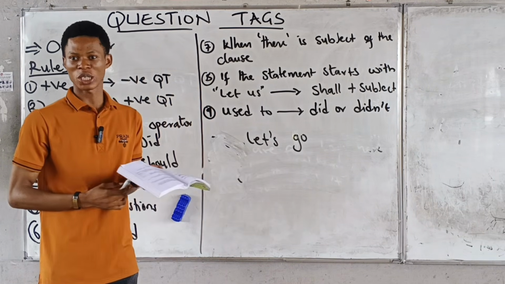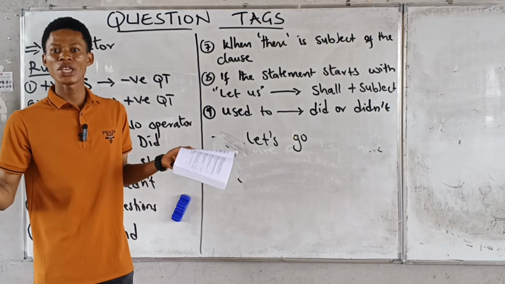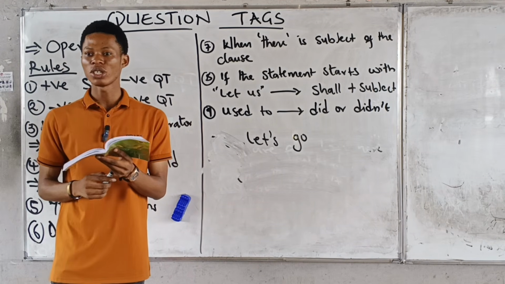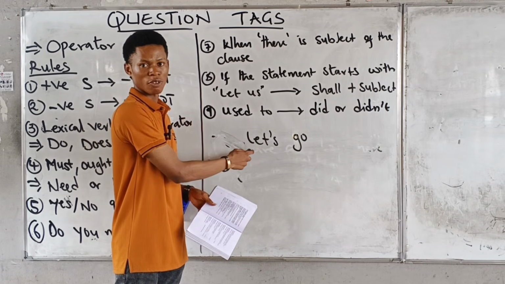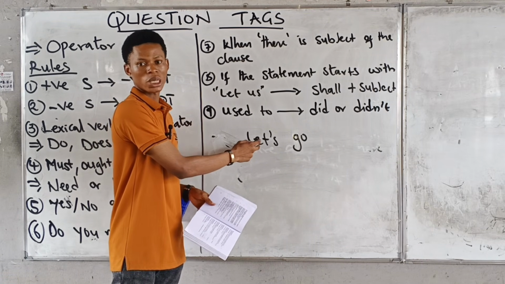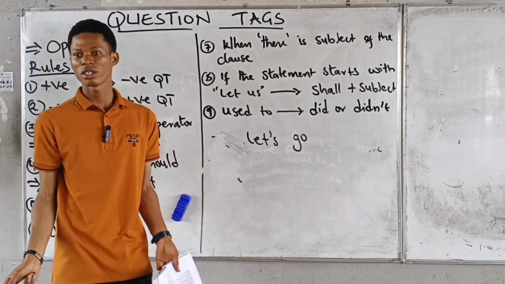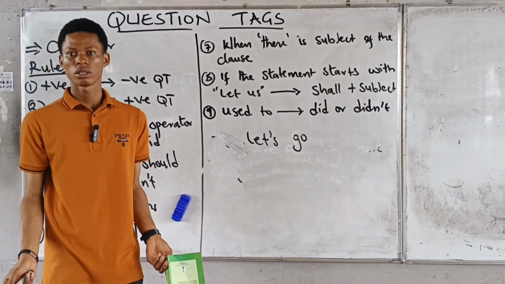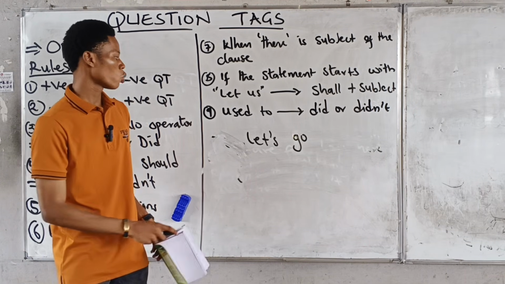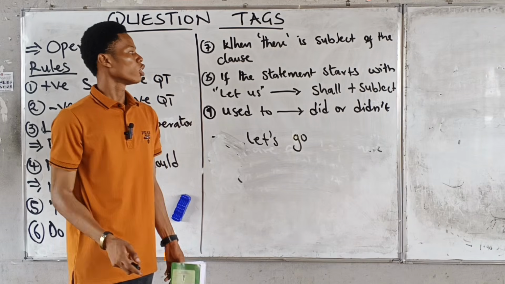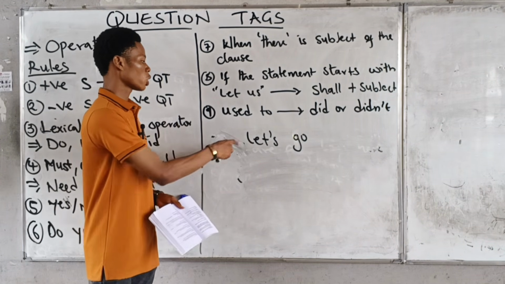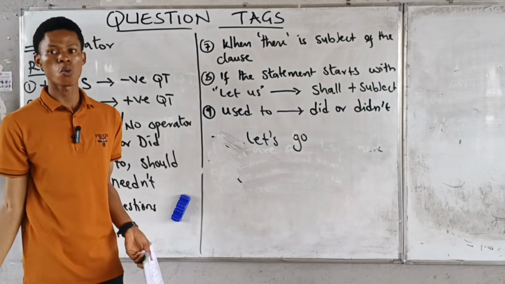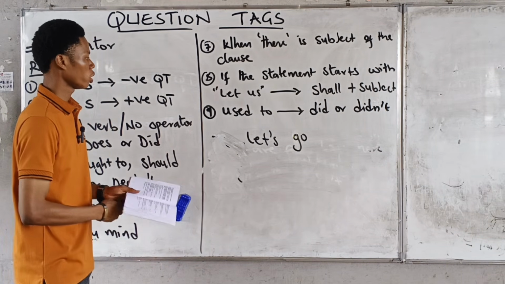Give me the second part of the statement. Shall we? Let's go, shall we? This let's is the contracted form of let us, right? So this is let us go, shall we? Do we get? All right, so anytime you have let us, use shall plus the subject. Let us go, shall we go? Not should we or any other.